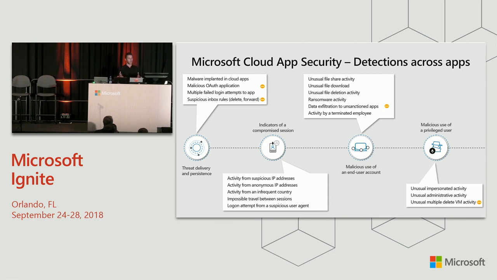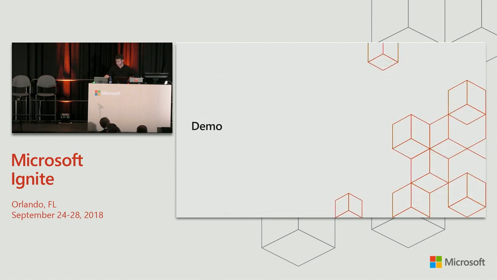It's not enough to look at one application at a time. So when we look at a user session, we look at all of the different applications he's using at the same time, whether it's Office or Box or Azure, as we will soon discuss. We build this profile of what the user is doing across all of the cloud workloads in real time, and then we understand whether we need to trigger an alert or not.